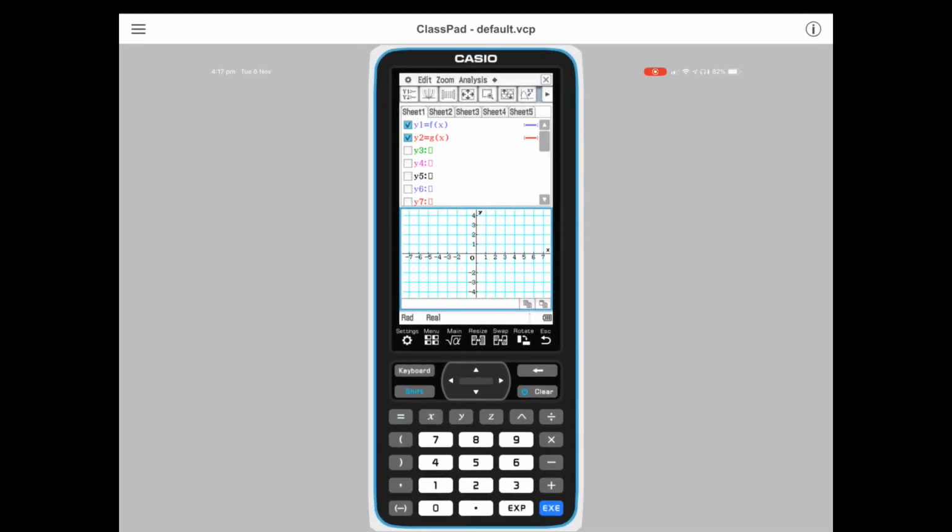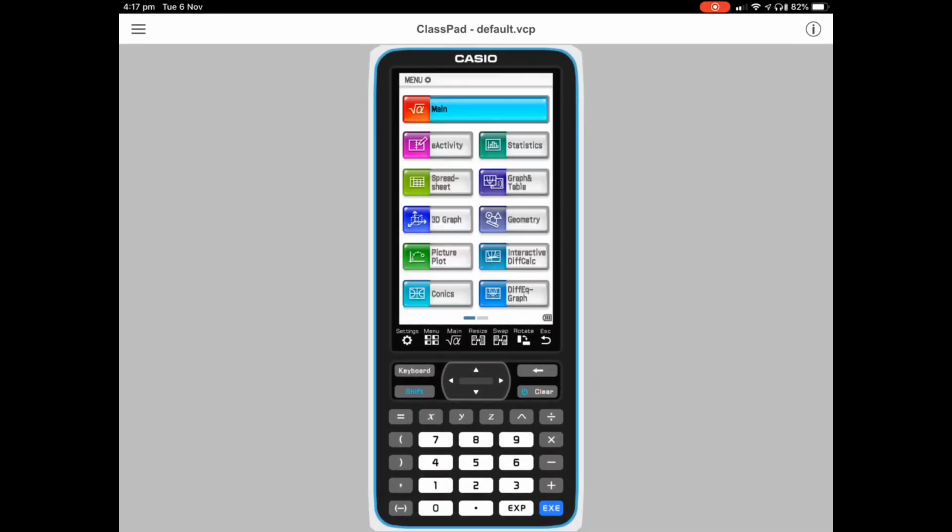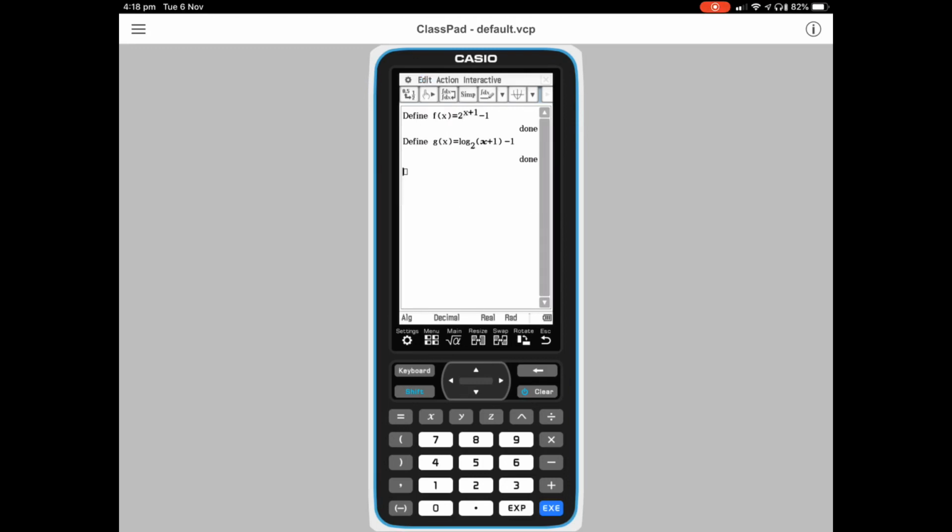Let's have a look at this graphically. So let's go out here. I'm going to clear everything. Let's think of a function that we know. We know x plus 1, squared, minus 2. Define that.